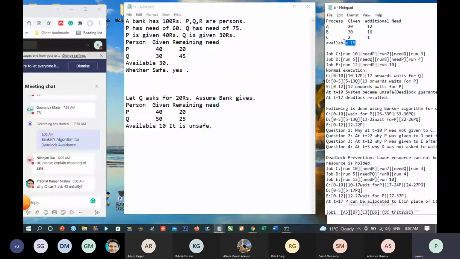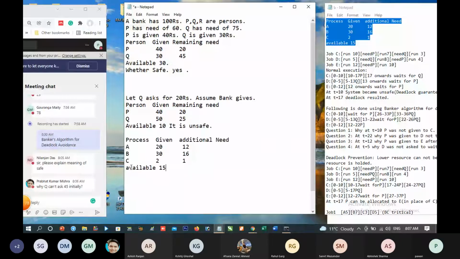Let us see this situation. Whether this situation is safe. Okay. It means the bank was initially having 67 rupees. Is it correct? And A needed total 32 rupees, B needed total 30 rupees, and C needed total 1 rupee.